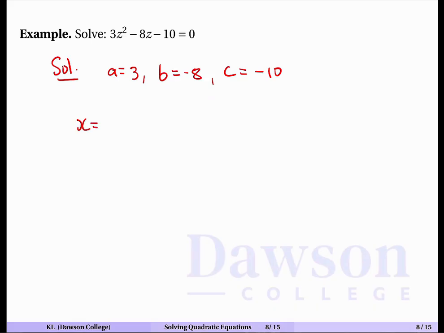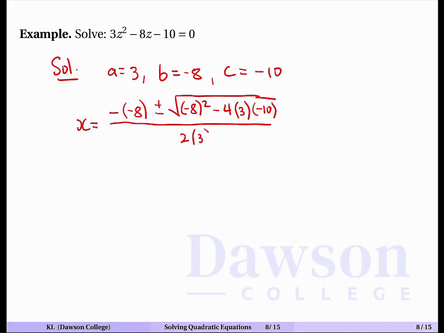So x equals negative of negative 8 plus or minus square root of negative 8 squared minus 4 times 3 times negative 10, all over 2 times 3.